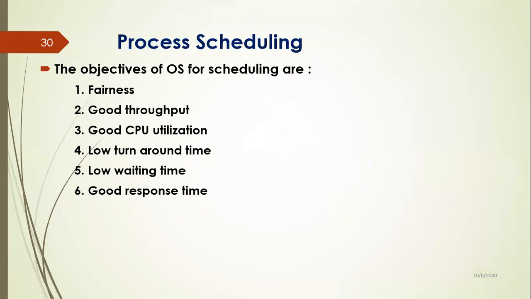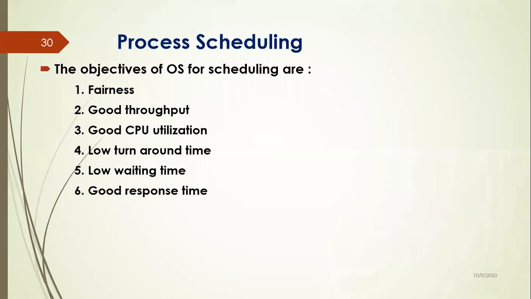Next is process scheduling. Process scheduling means, when you are going to run multiple processes at a time, definitely we have to make a schedule for the process execution if you are running multiple processes simultaneously.